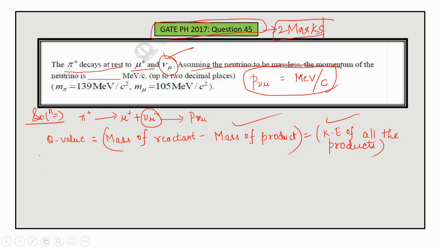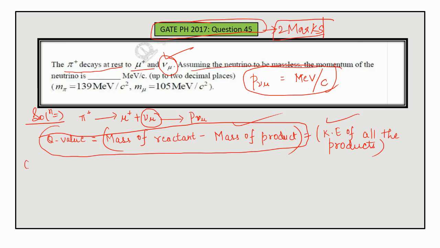So see how this is done. First of all, use this part of the formula where Q value is mass of reactant minus mass of product, m pi minus m mu. You need to put the values of these, and they are given to us.